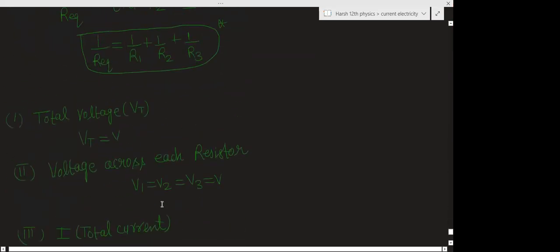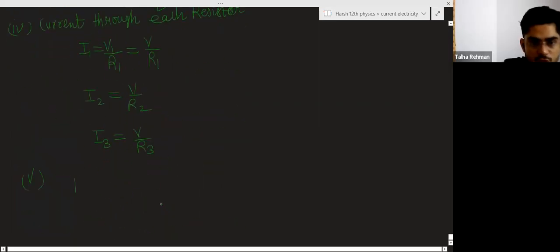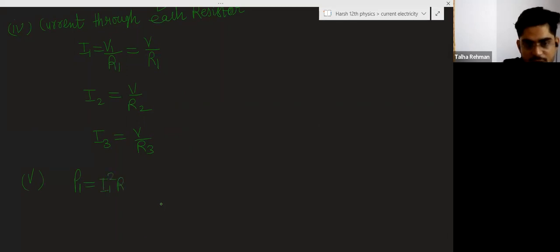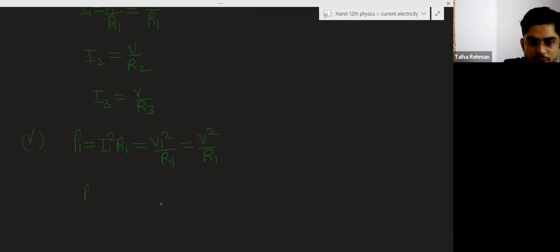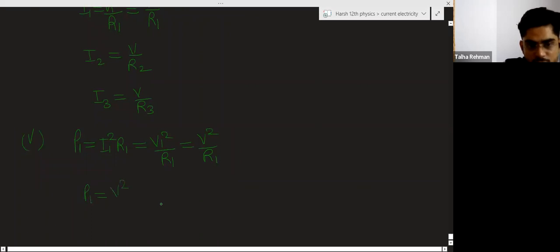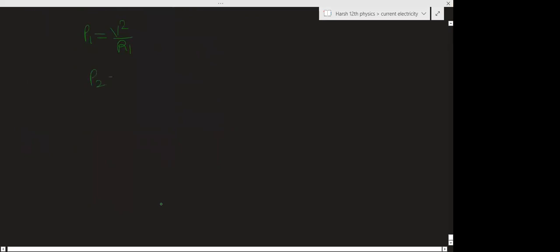Now what is left? Power. If you want to calculate P1, means power lost in resistance 1, you will write I1 square into R1, or you can write V1 square by R1, but V1 is equal to V, so you will write V square by R1. So P1 is equal to V square by R1. P2 is V square by R2.